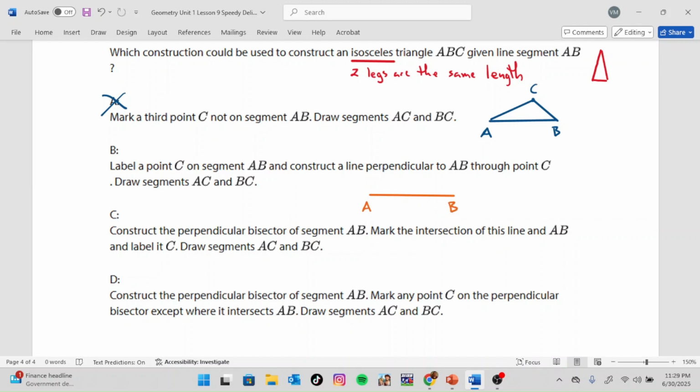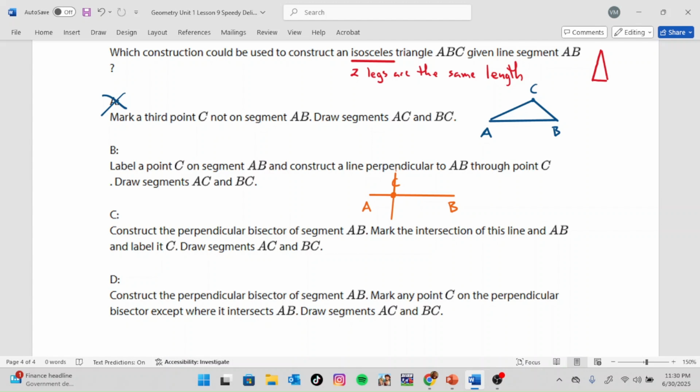Now we're going to label some random point on the segment as C. Construct a line perpendicular to AB through point C. All right, well, here is our perpendicular line.